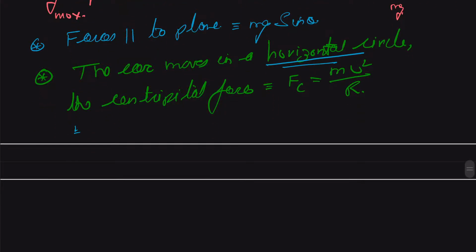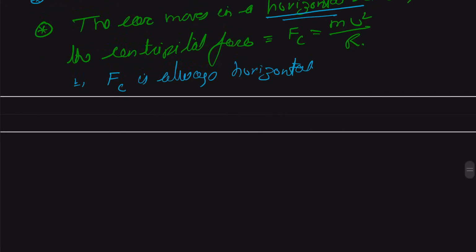Therefore, from here we can write two important things, that Fc is always horizontal, and second, this centripetal force always points toward the center of the circle.